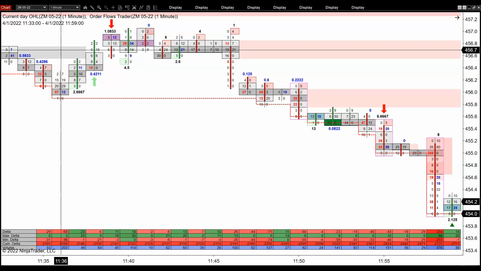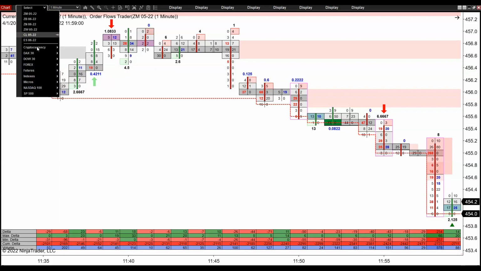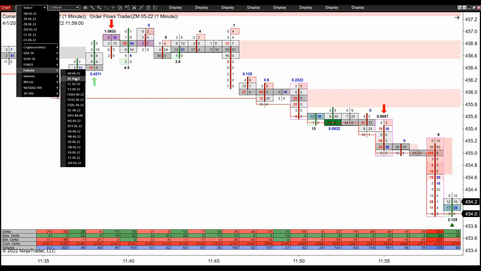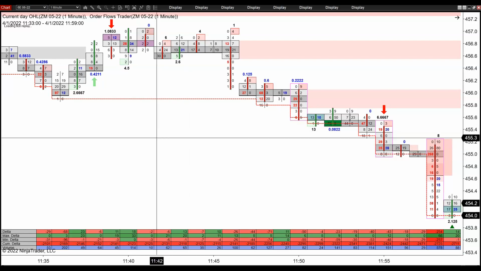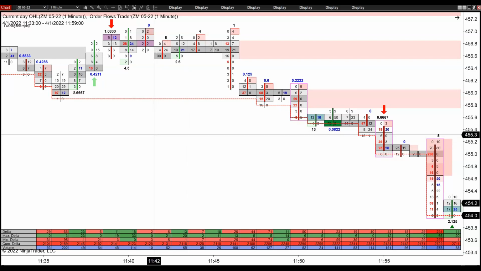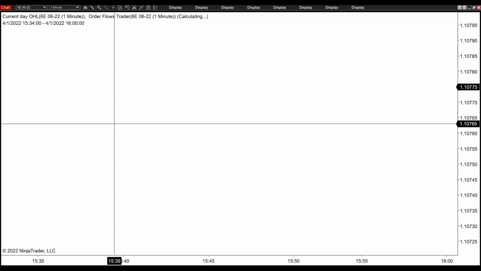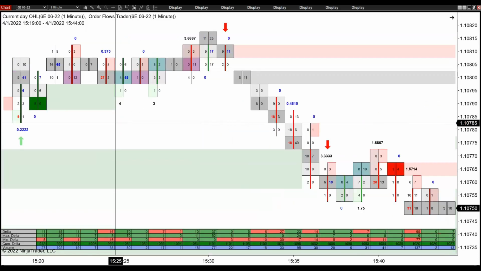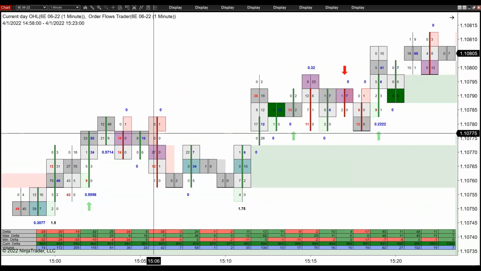I don't trade forex, but there is a euro currency future on the CME that you can watch. I know guys in China that use the software. They trade forex, but they watch the CME contract.